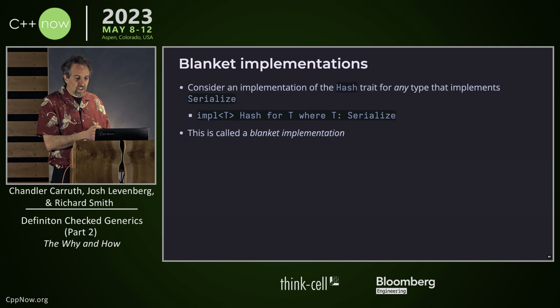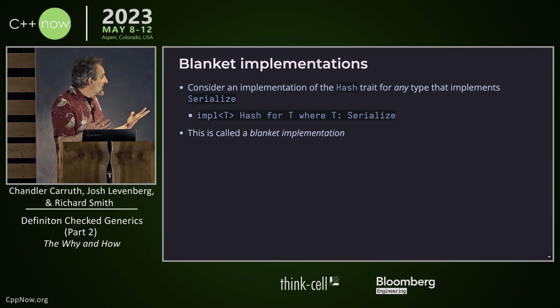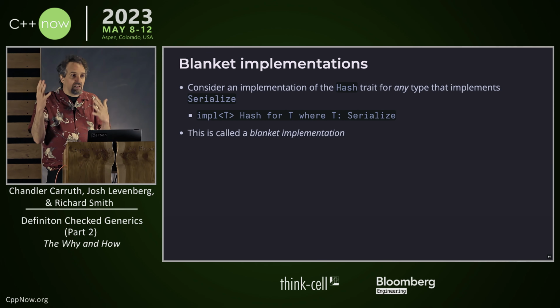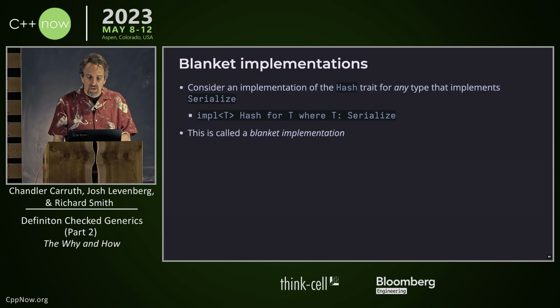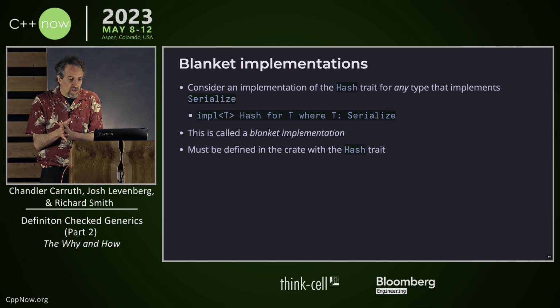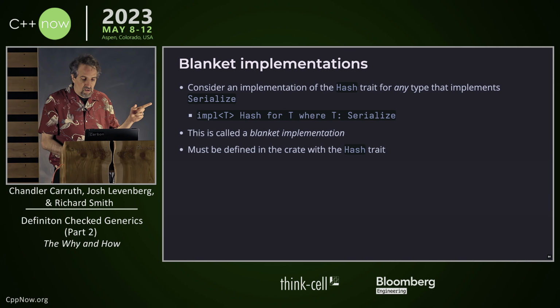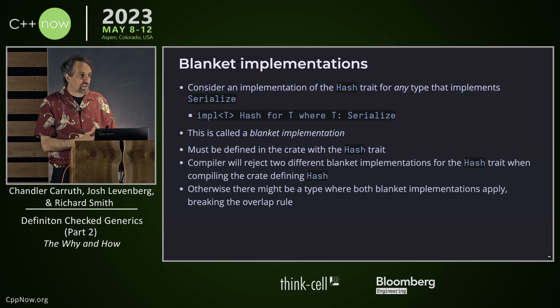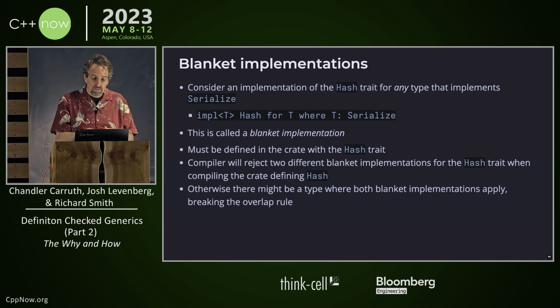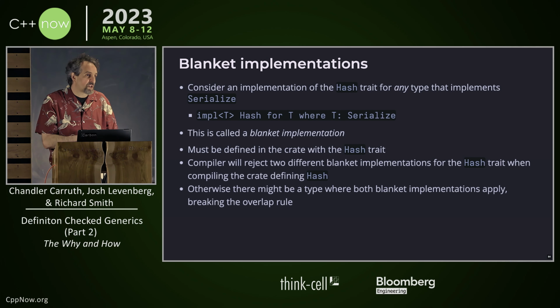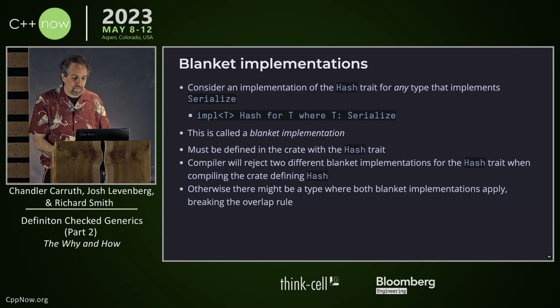Maybe this implementation serializes the type into a string and then computes a hash from that. The orphan rules we had require this implementation to be local to the trait, which allows the compiler to do a local check that there aren't any overlapping implementations, maybe two blanket implementations that could overlap.